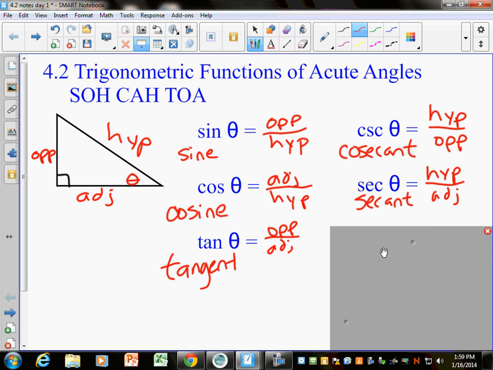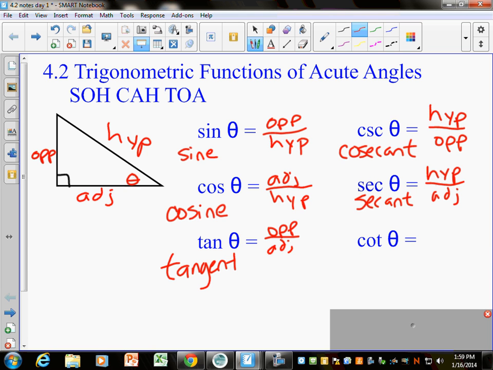And then sine and secant, I always felt like they should go together. So in my mind, I always remember cosecant should go with cosine, but it doesn't, so I remember it goes with sine. That might have just confused you completely, but that's how I remember which is which. And that's the big thing. These are the ones people mix up. Tangent is the easy one.